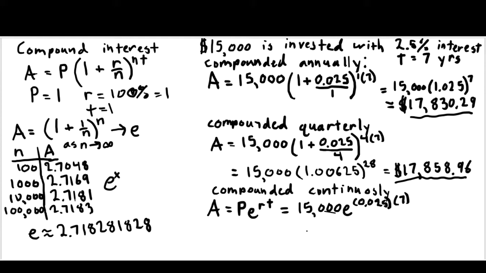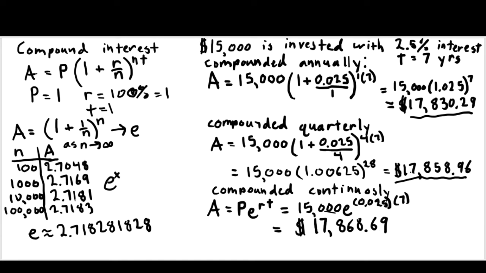It's usually pretty straightforward to use. If you work this out, you would get $17,868.69.